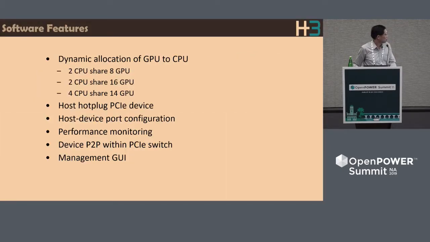The software feature that we do in this box is dynamic allocation of GPUs to CPUs. Basically, in fact, we can do it for all devices, like Mellanox Connect 4 and Connect 5. We have done it at IBM; IBM uses Connect 4 and Connect 5 to manage the whole GPU cluster.